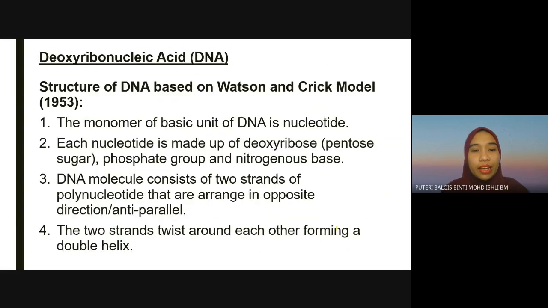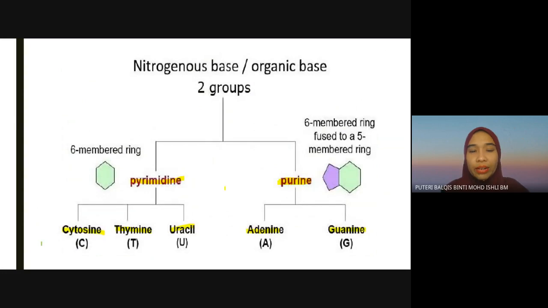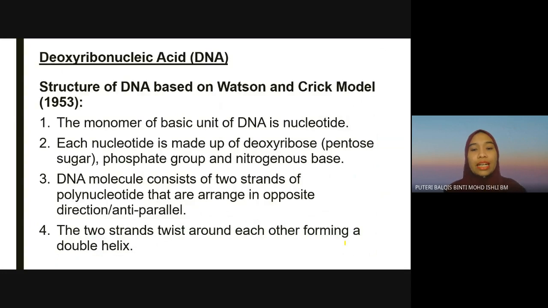Alright. So, dalam DNA, macam Iman cakap tadi, kita ada ATCG. Okay, itu adalah base dalam DNA. So kita tengok structure of DNA based on Watson and Crick model. Awak cerita dulu apa monomer of DNA.